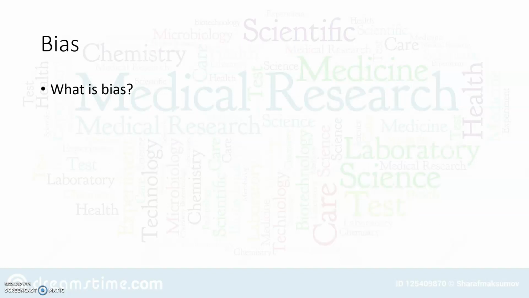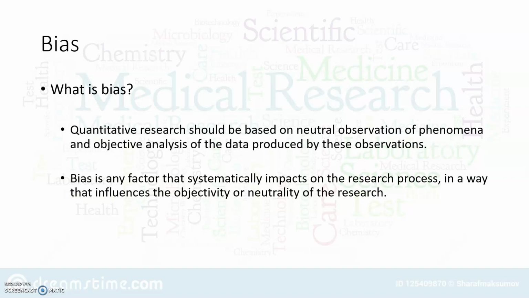So pause the video, see if you can tell me what is bias. Well, here is a definition. First thing to say is that quantitative research is supposed to be neutral, objective observation of a phenomenon and objective analysis of the data produced.